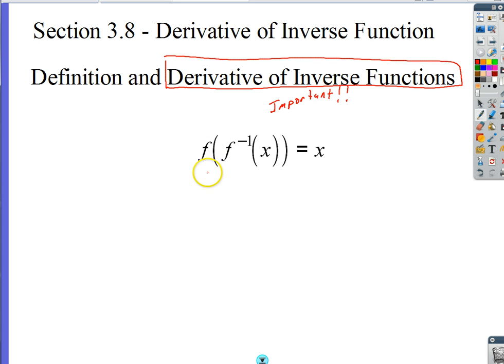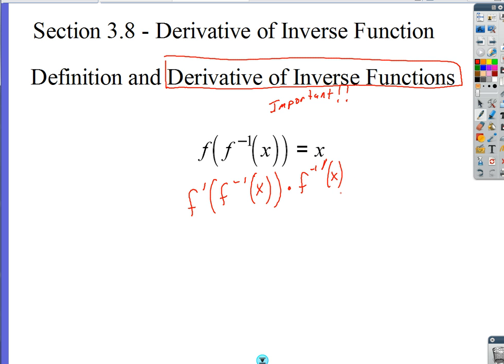F is my chocolate shell, f inverse is my chocolate. I take the derivative of the shell, so f becomes f prime, leave my chocolate alone, times the derivative of my chocolate. The derivative of f inverse, I'll denote as f inverse prime of x.